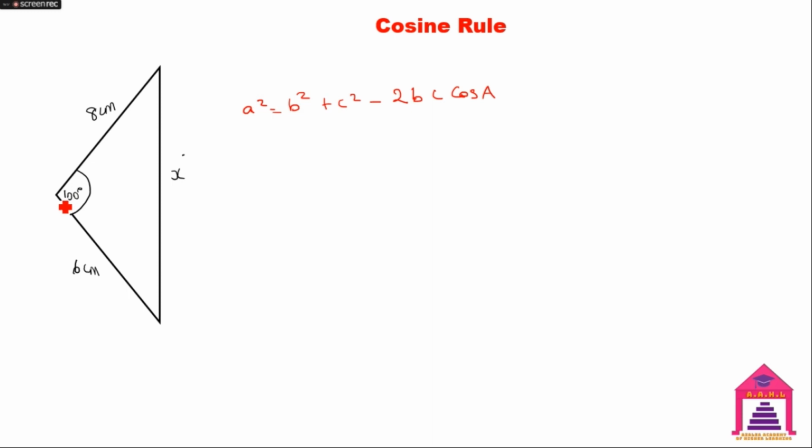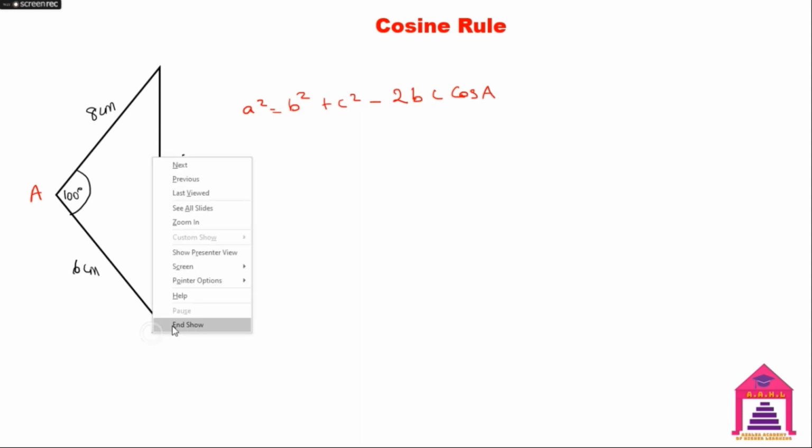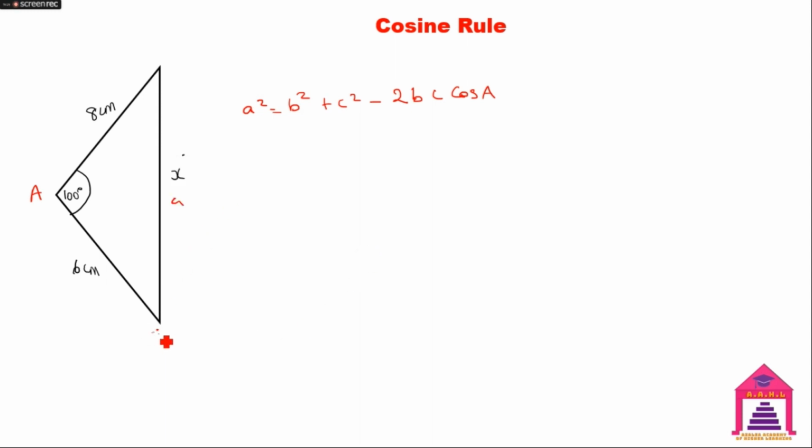This is our angle, so let's label this as A. This side will be a. Let's label this as B. This side will be b. Let's label this as C. So this side will be c.